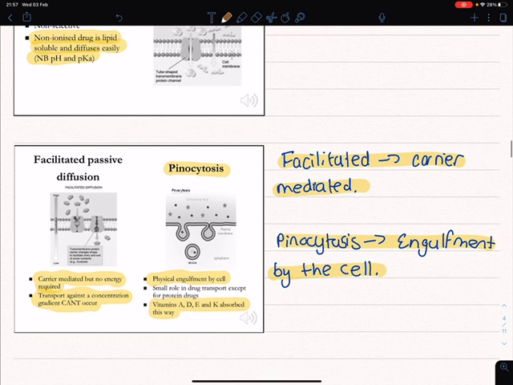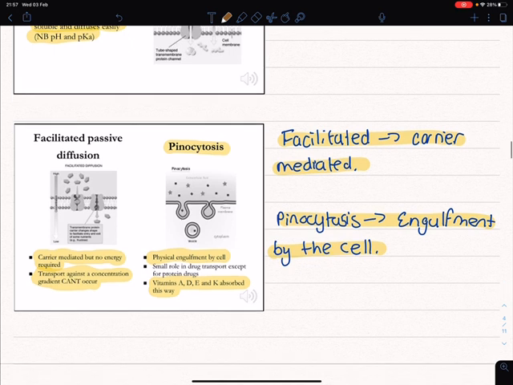Facilitated passive diffusion is the same as diffusion, it's just that a carrier-mediated molecule has to bind, but also no energy is required. Then pinocytosis is literally when the cell engulfs a molecule. This normally happens with the fat-soluble vitamins such as A, D, E, and K, but it can also play a small role in drug transport.